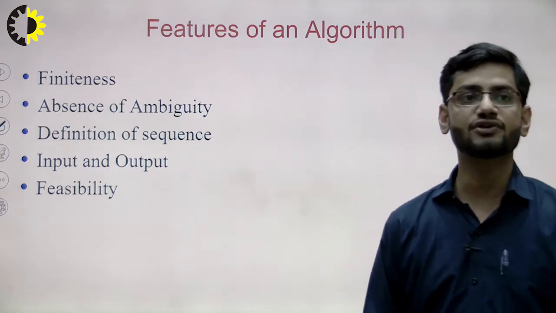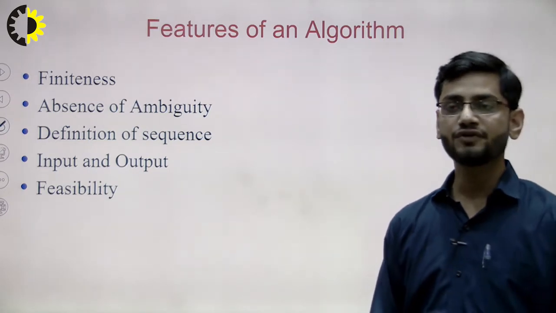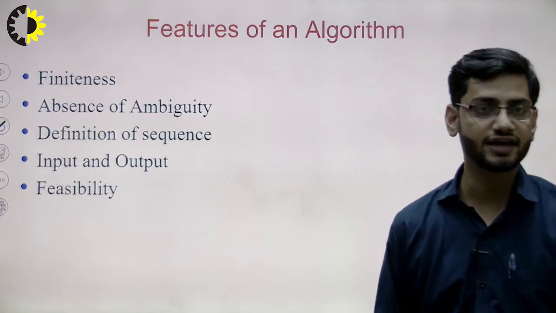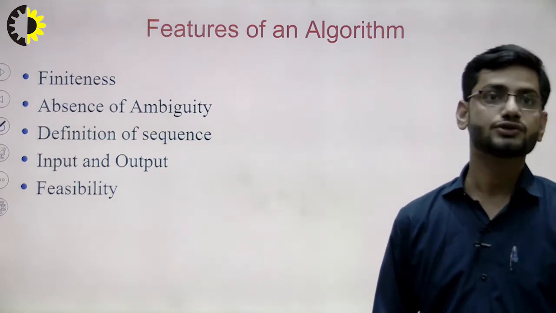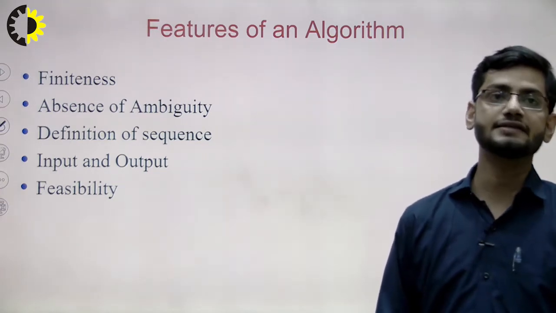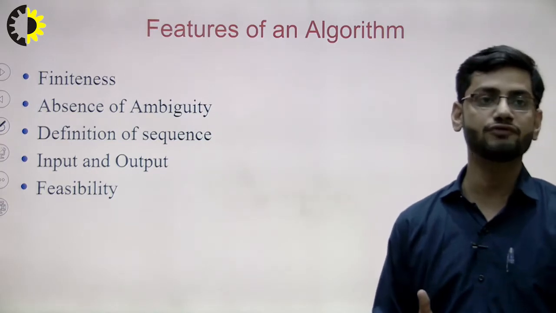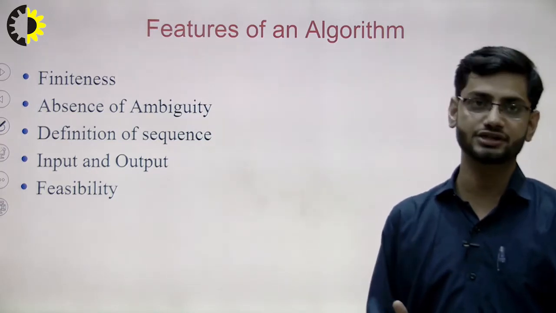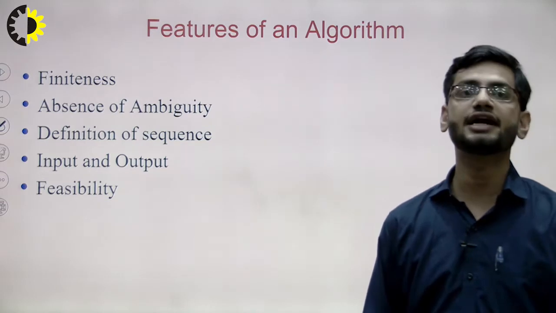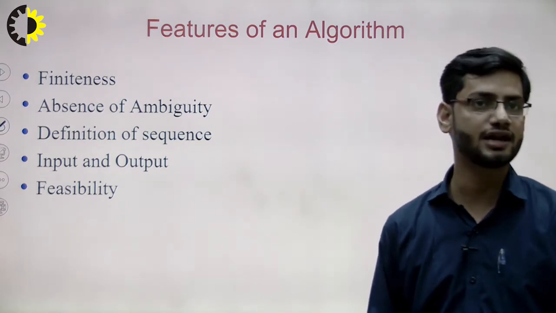Second is absence of ambiguity. Ambiguity means one thing having more than one interpretation. So this second property says that an algorithm should have only one unique interpretation. Then only I can say that my algorithm is unambiguous.